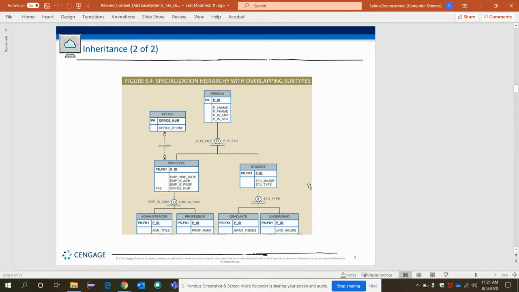But in turn, an employee may be a professor as well as an administrator, because an employee may also be a student. Student and employee are overlapping subtypes of the supertype person. That's why you have this O sign here. Just as professor and administrator are overlapping subtypes of supertype employee. So I think you got some idea about the disjoint subtypes and the overlapping subtypes.